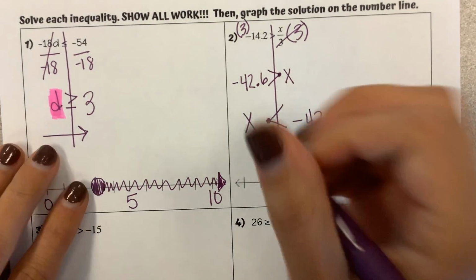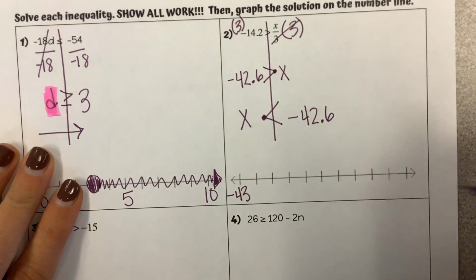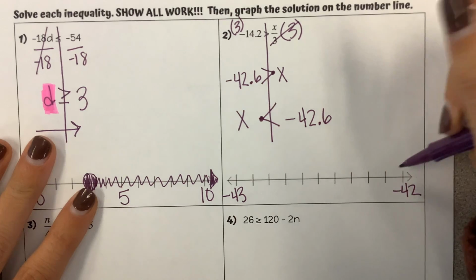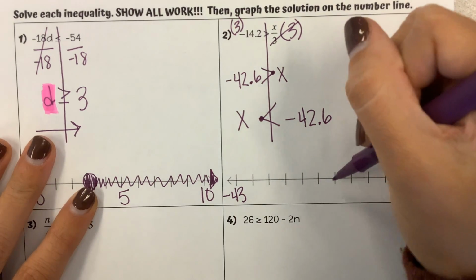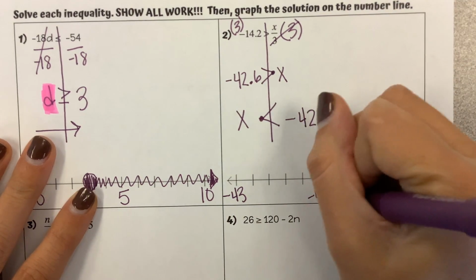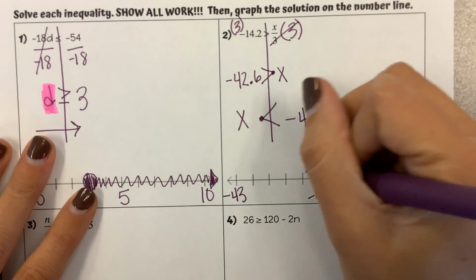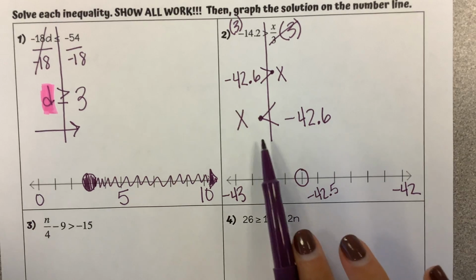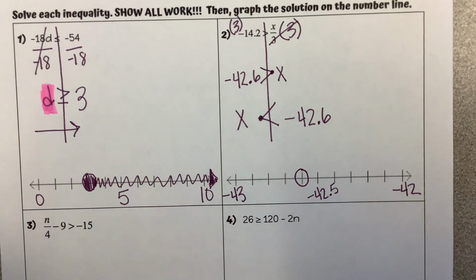So I'm gonna make this -43 and make this side -42, which would mean 0.1, 0.2, 0.3, 0.4, 0.5. So -42.5 would be right there. So -42.6 is here.